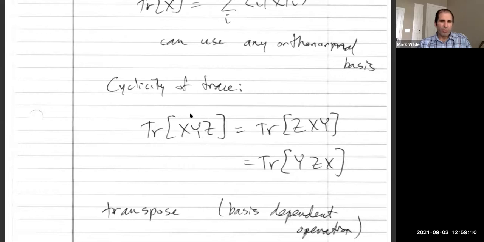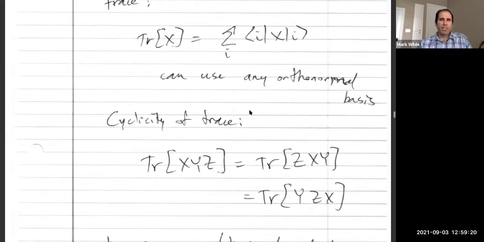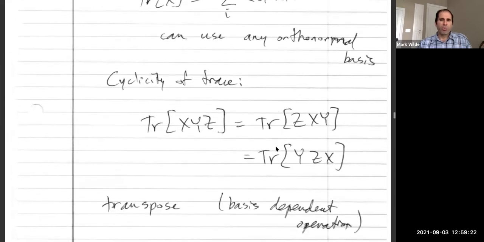So I can do a shift of z over here, I get this, the trace stays the same. I can then shift y over here and get this, and the trace stays the same. And if you wanted to prove this, presumably this is one of the exercises in the book.